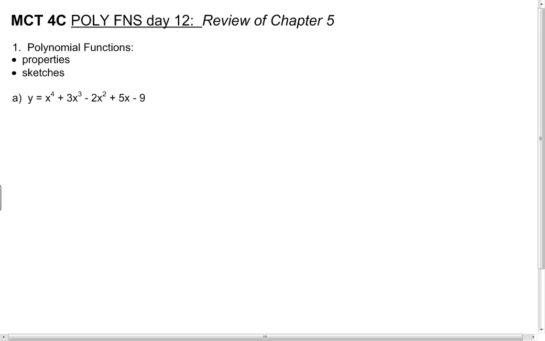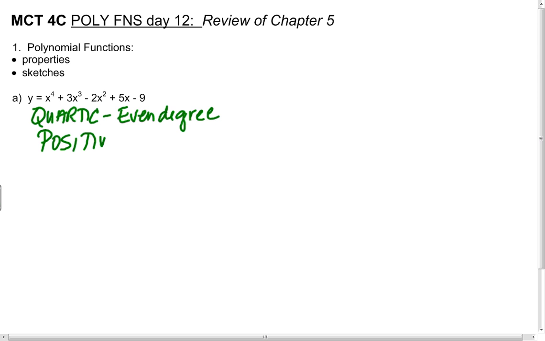First one I'm going to look at is y equals x to the 4th plus 3x cubed plus 5x minus 9. So we know quite a few things about this. Number one, it's a quartic. It is of even degree. So my brain goes immediately to quadratics because I know those so much better. And I know that it is positive because there is an invisible leading coefficient of 1.